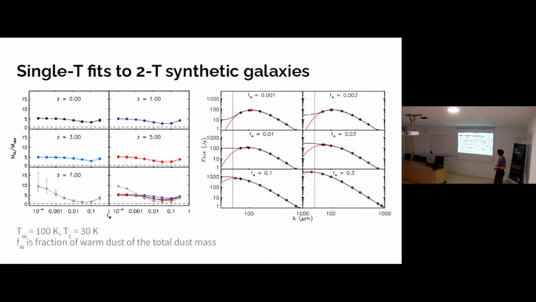Your SED starts to look more and more different. And if you start fitting a single temperature, which is what we've done with this red curve, you see that the single temperature gets higher and higher, which is, of course, what you expect. But it's not a physical temperature. And then if you start deriving dust masses based on that, you still get an overestimation, in this case, of a factor of about 5.